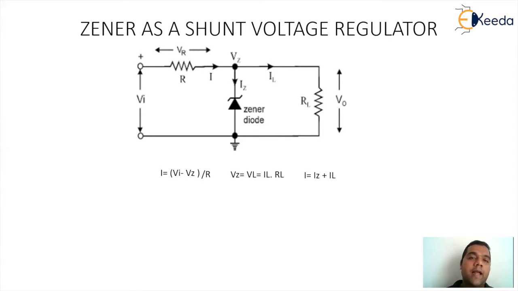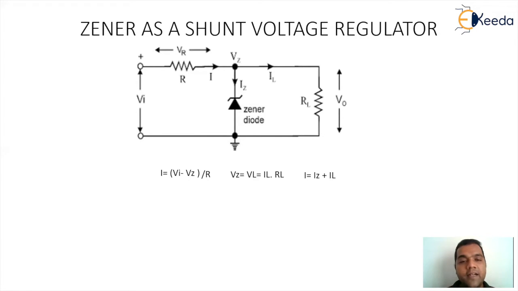Because of the input Vi, there will be a current I flowing through the resistance R. The voltage developed across the resistance R will be defined as VR. At the center node, you will find the voltage across the Zener, which will be Vz. The current flowing through the Zener diode will be defined as Iz, and the current flowing in the load will be defined as IL.